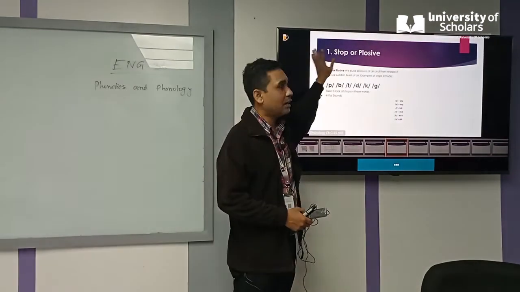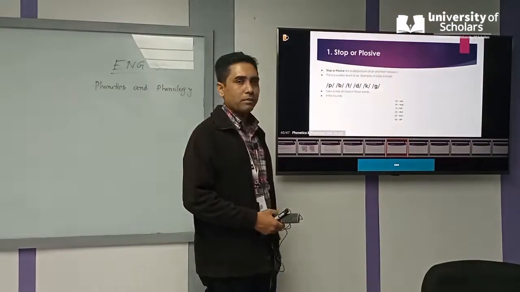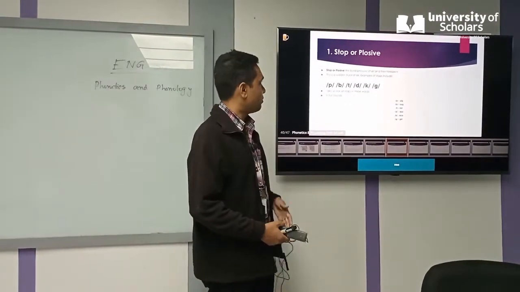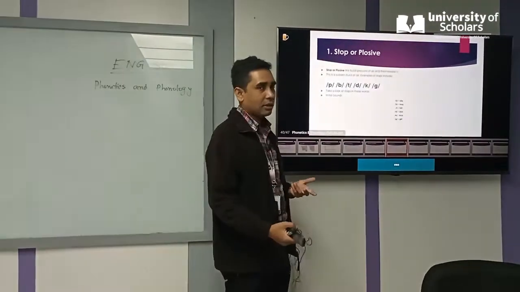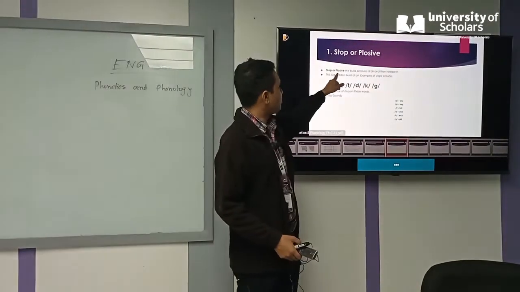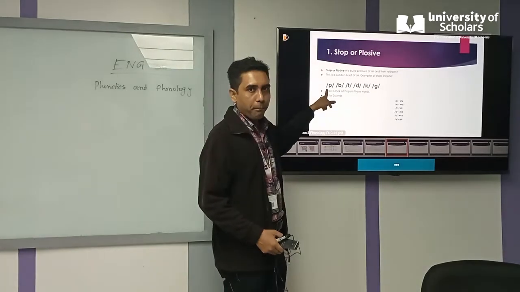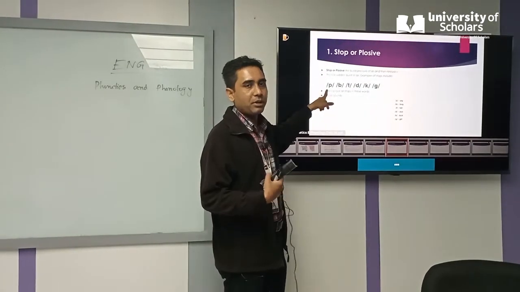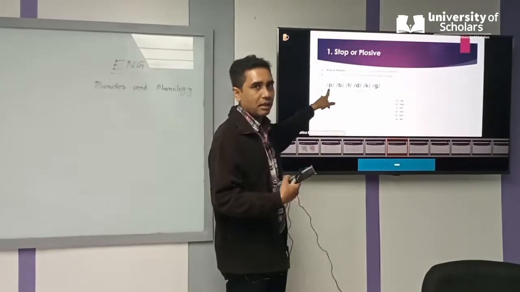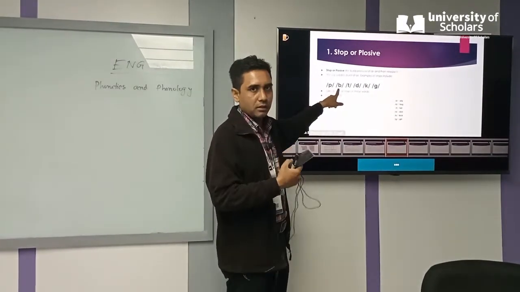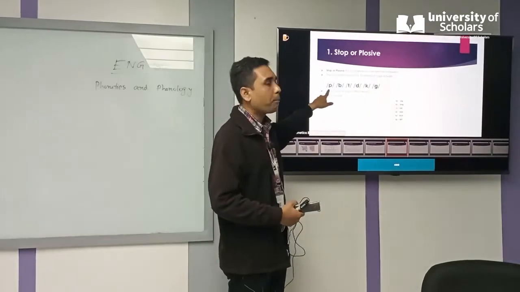These are the names. Number 1 is stop or plosive. Stop or plosive is the same thing, two terms for the same sounds. With stop or plosive, we build pressure of air and then release it. For example, we just build the pressure, then we release it: pa. First we hold it, then release it.